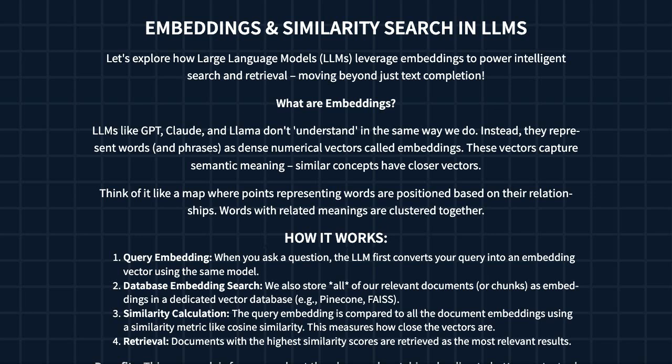Think of them as coordinates on a map where similar things are located close together. When you ask a question, the LLM turns that question into an embedding too. Then we store all our relevant documents as embeddings in something called a vector database. Finally, we compare your query's embedding to the document embeddings and retrieve the most similar ones, leading to much better results than traditional keyword searching.